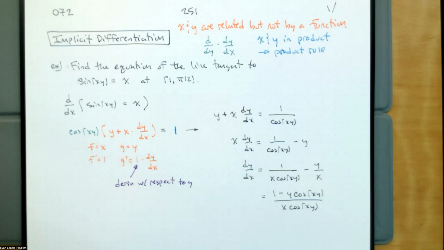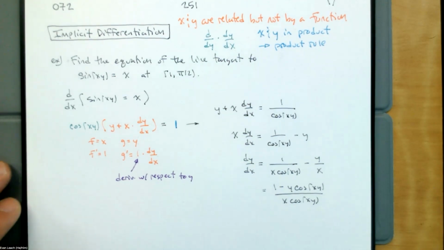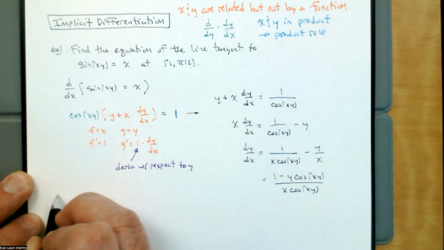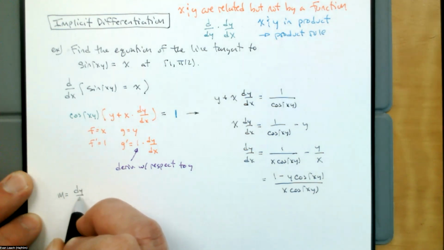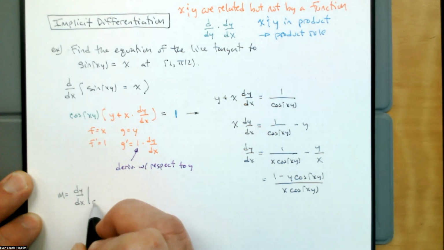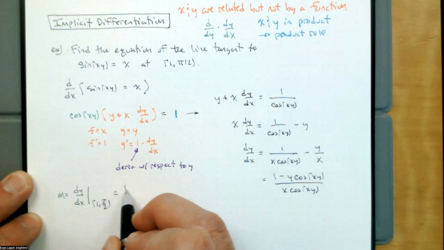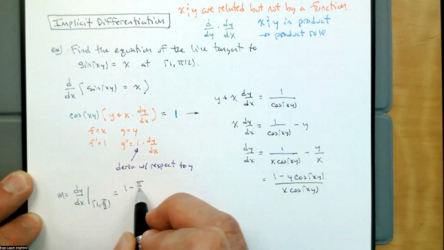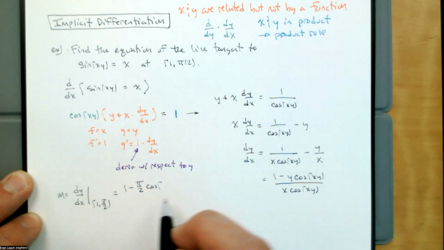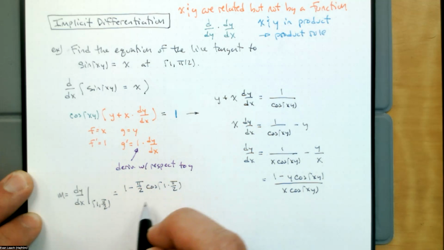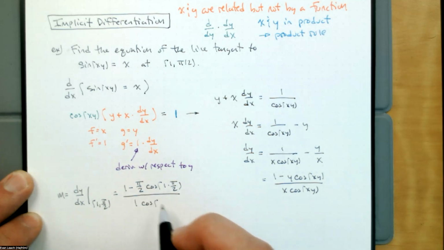Then if we want the slope of our tangent line, we just evaluate dy dx at the point 1, pi over 2. So we'll have 1 minus y times the cosine of xy, so x is 1 times pi over 2, all divided by x, which is 1 times the cosine of 1 times pi over 2.